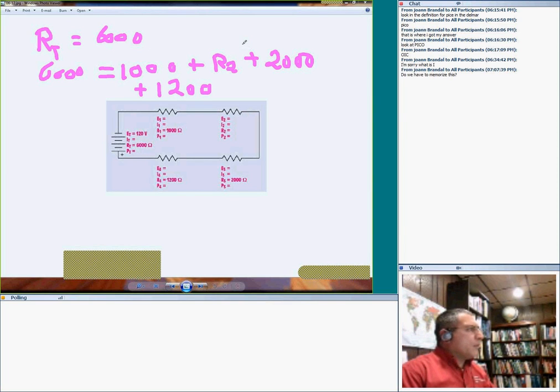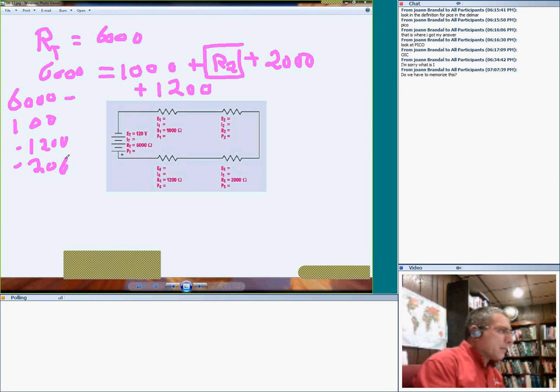Okay, an equation. I hope you guys know how to solve this. So move everything to the other side. If you move everything to the other side, it becomes 6,000 minus 1,000, minus 1,200, minus 2,000. Subtract everything from the 6,000.